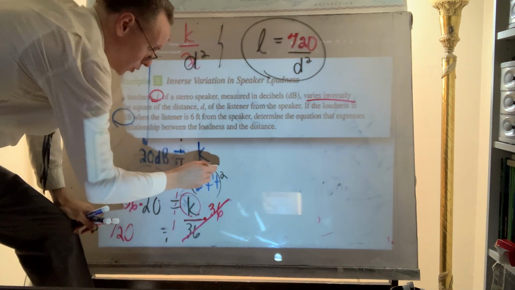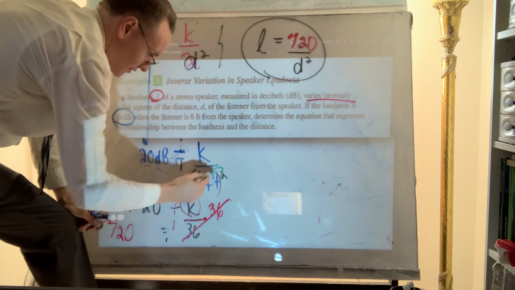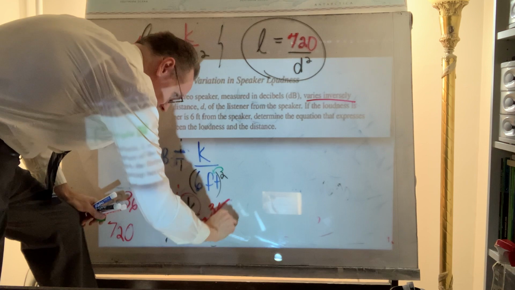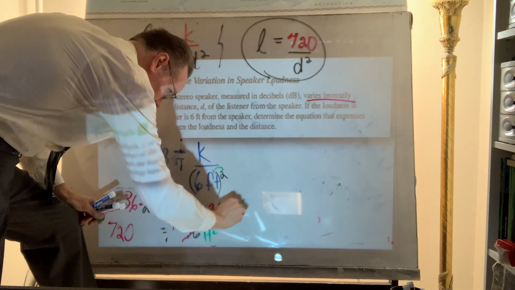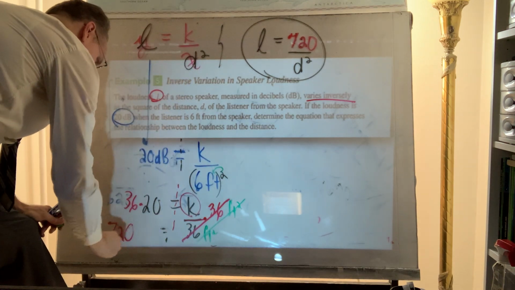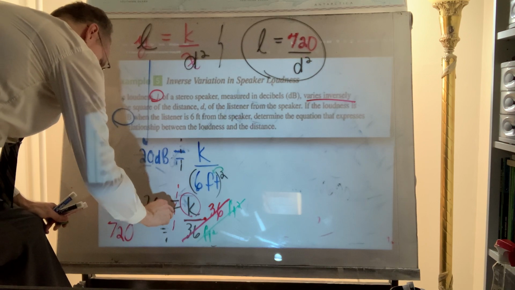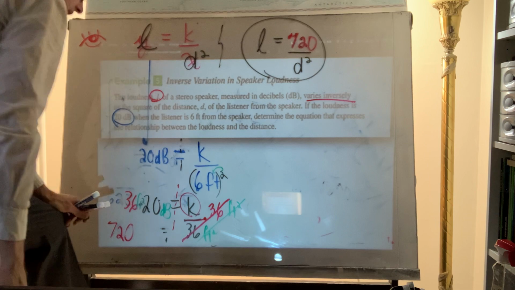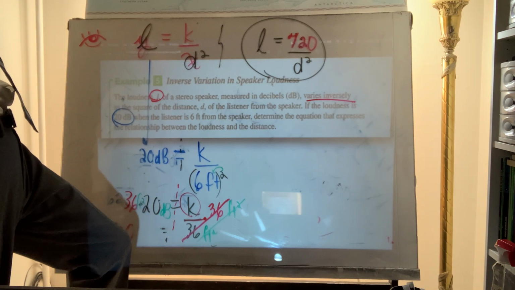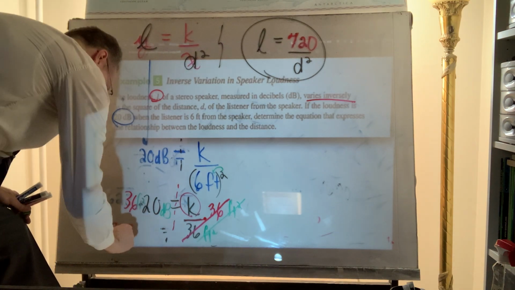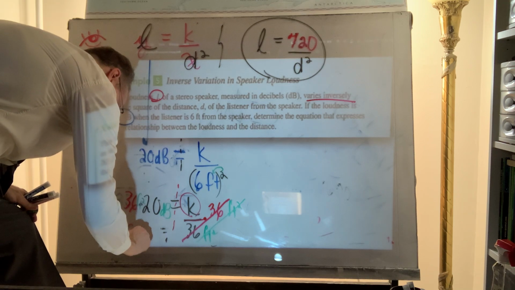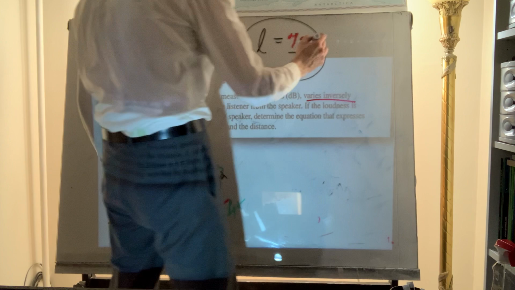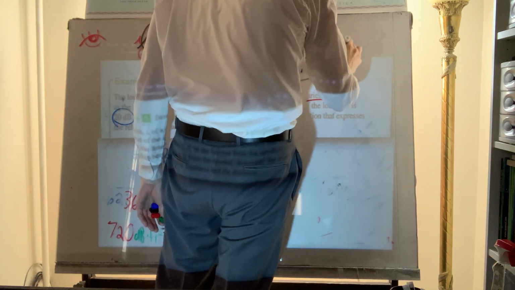The exponent would affect feet here as well, which means this would be feet squared, and this would be feet squared, and everything would cancel, and then you'd have decibels still here, and feet squared here. That means the proportionality constant in this case would actually be decibels dot feet squared. All right, that's a little extra.